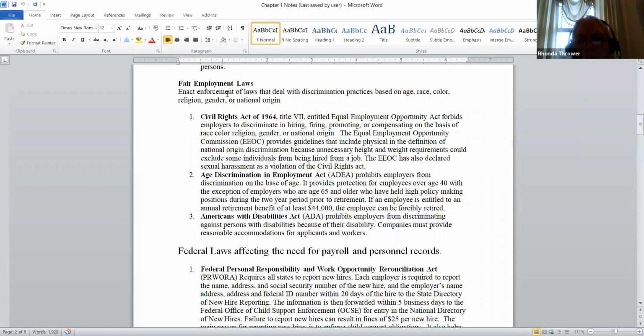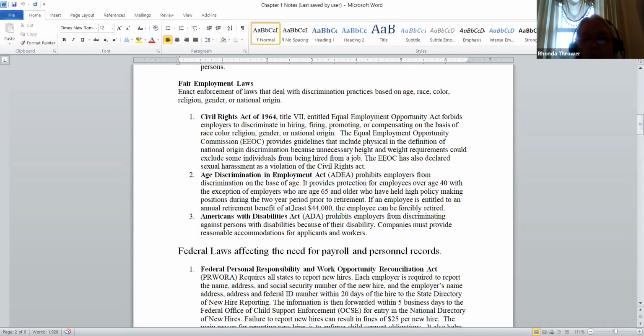Also, under fair employment laws, we have laws for age discrimination in employment. This act, referred to as ADEA, prohibits employers from discrimination on the basis of age. It provides protection for employees over age 40, with the exception of employees who are age 65 or older, who have held high policy-making positions during a 2-year period prior to retirement.